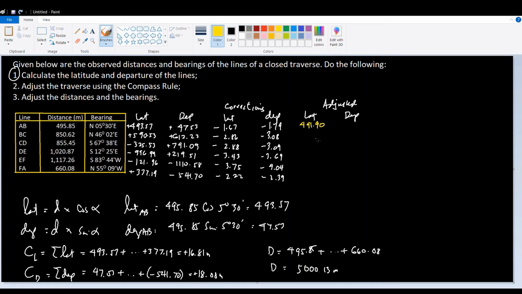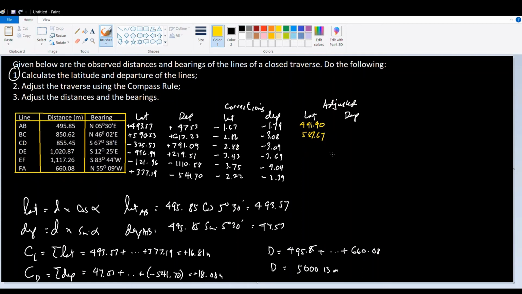Next, 590.53 minus 2.86. That should be 587.67. Next, negative 325.53 minus 2.88.